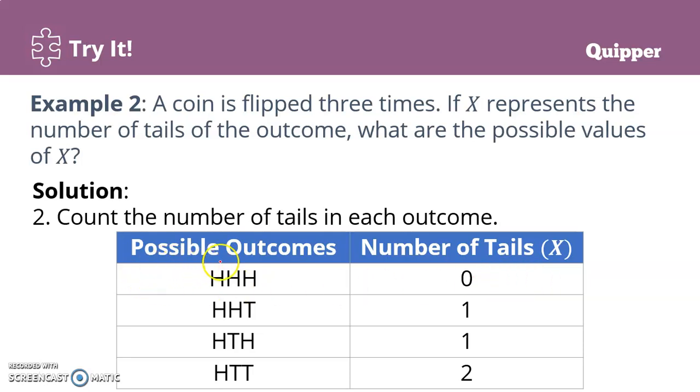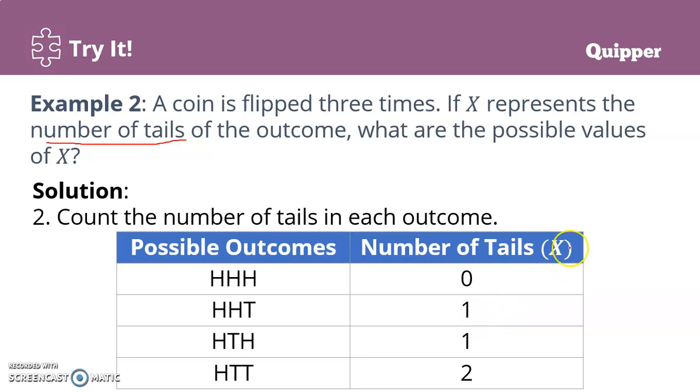Now, let's count the number of tails. Kasi nga, yung random variable natin represents the number of tails of the outcome. So, in the first outcome, tatlong head, di ba? So, walang tail. So, the number of tails is 0. So, meaning the value of x here is 0. On the second possible outcome, head, head, tail. So, may isang tail.